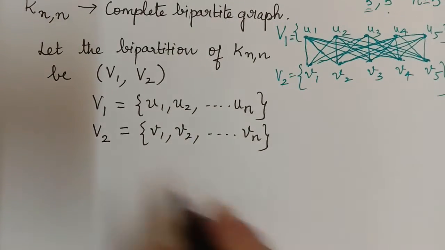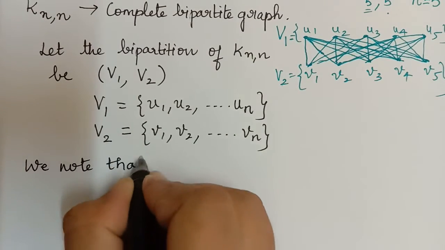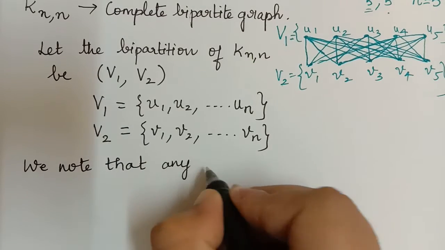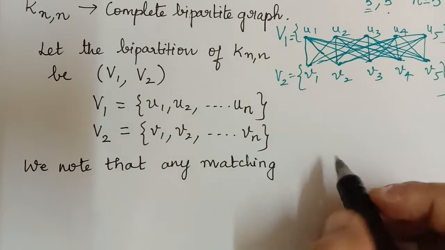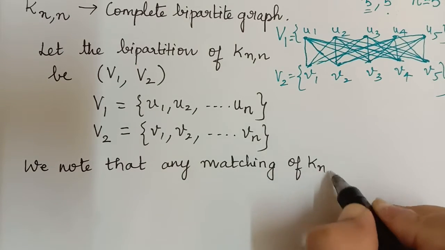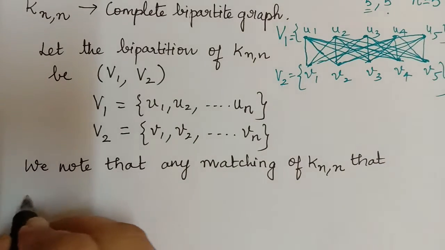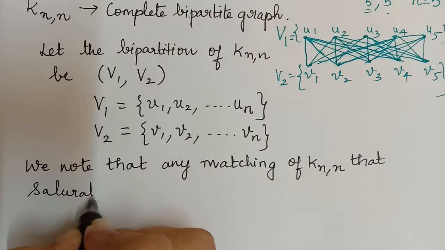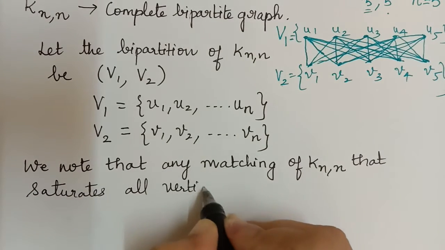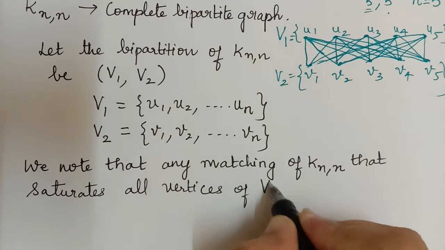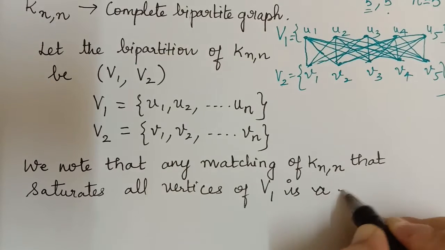Now we note that if we consider any matching M of K(n,n) that saturates all the vertices of V1, then that will be a perfect matching.